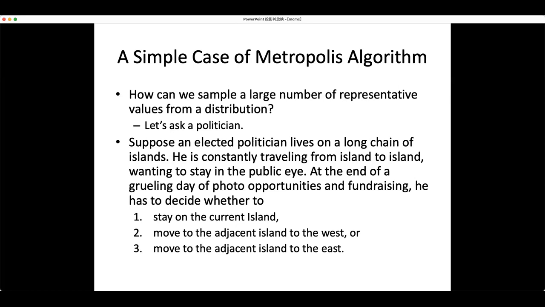If not, he has two choices: move to the adjacent island to the west, or move to the adjacent island to the east. Let's assume we only have these three options.